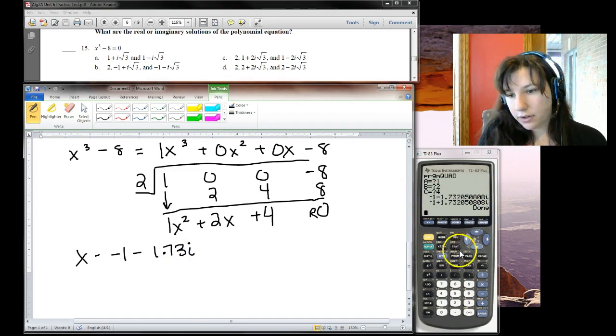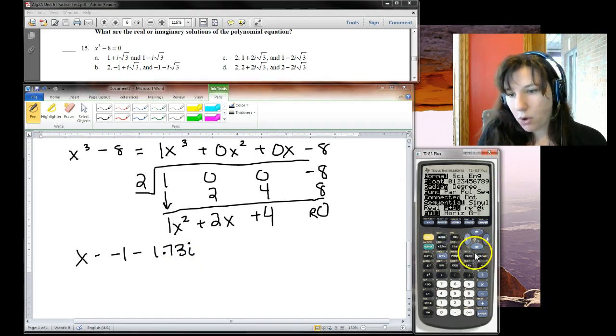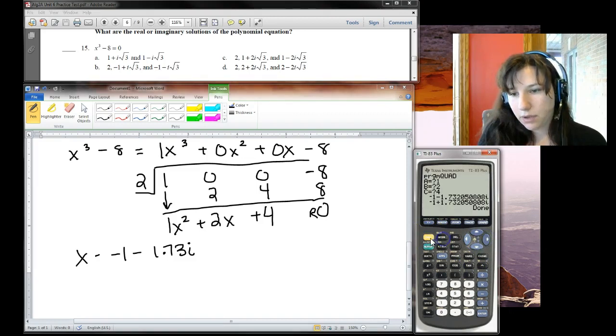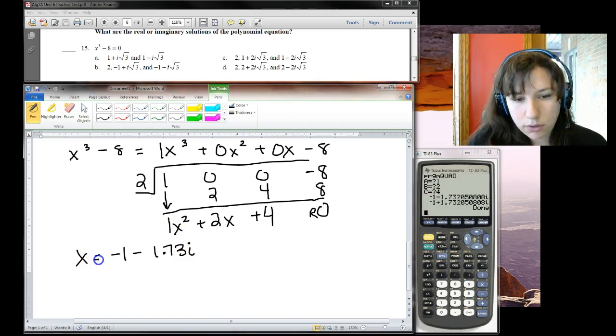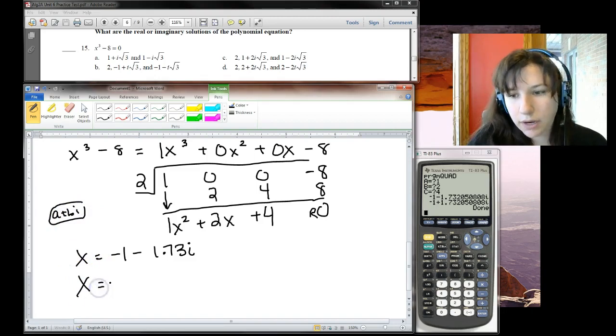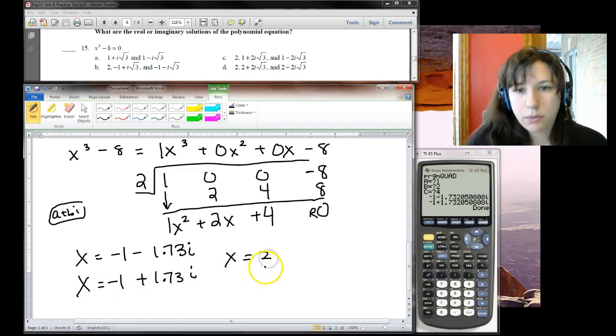The reason my calculator is doing the i's again is because I've got mode A plus BI highlighted. Okay, so if you get an error, do it again, but go to mode and make sure your A plus BI is highlighted. And the other one is negative 1 plus 1.73i.